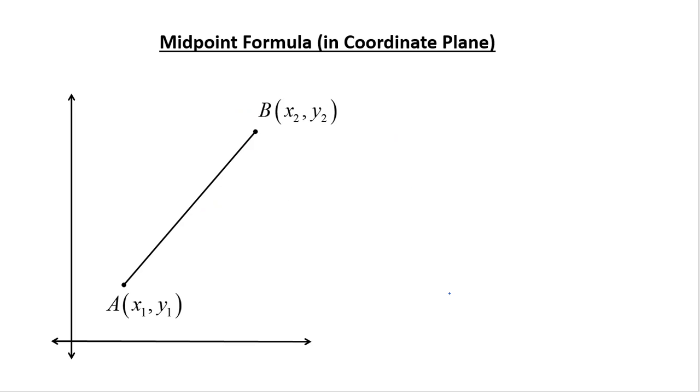Now midpoint, middle. Average. When you're finding the middle of something, you're finding the average. Well, how do I find the average between 2 things? You take the amount of things you have together, add them together, and divide by the amount of things that you have.